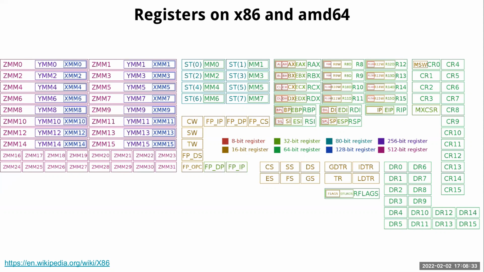Those are the 8 general registers in the 32-bit version. This picture shows the 64-bit version, so EAX is extended to RAX, EBX extended to RBX. And we have more registers like R8, R9, R10. Those are only available in the 64-bit version of the system.